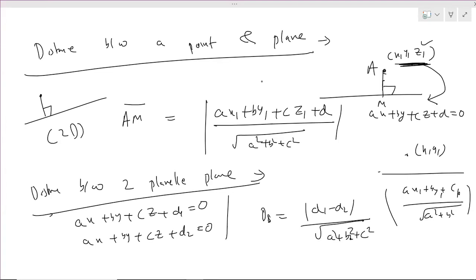So in 2D lines also, two parallel lines will be ax plus by plus c1 and ax plus by plus c2, and the distance will be mod c1 minus c2 upon the root of a square plus b square. Again, if you do planes very thoroughly, 2D straight lines will be very clear. Note it down. Done.